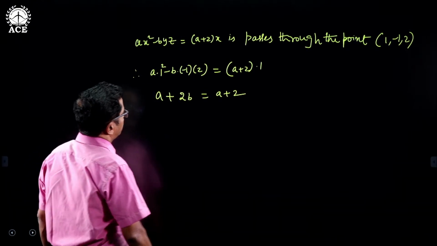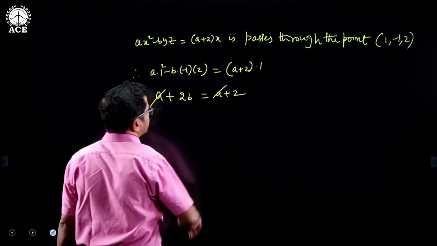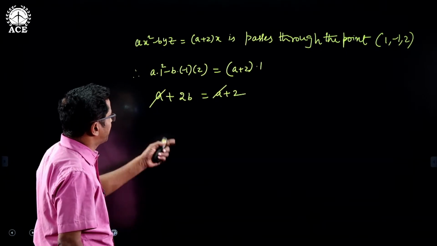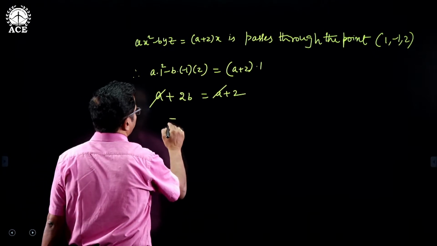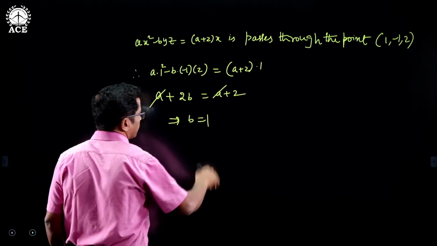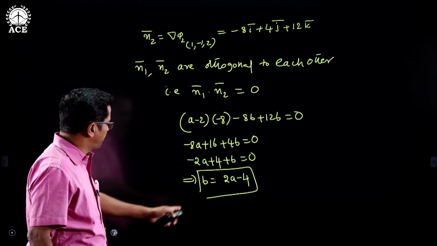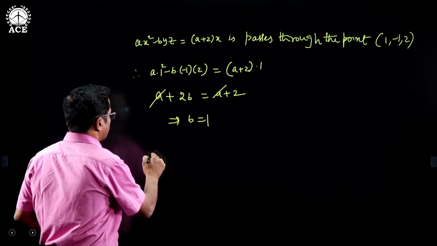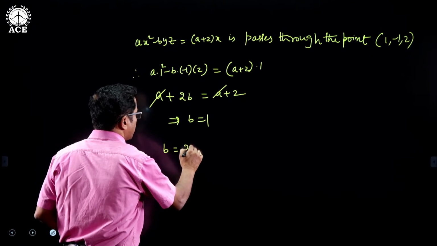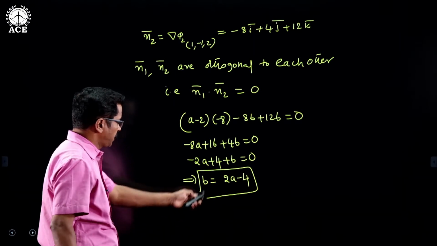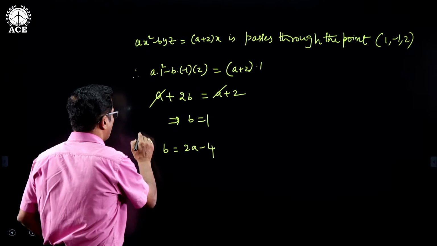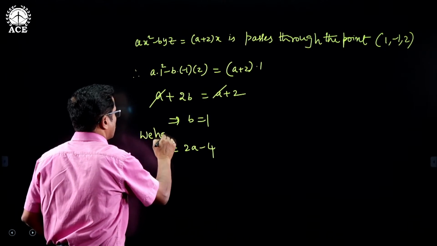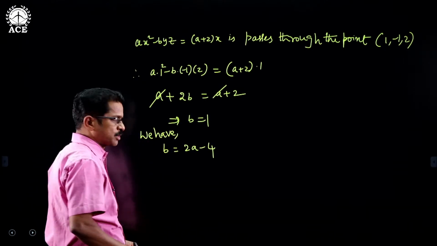Okay, here on either side the a term will get cancelled, then from this b is going to be 1. So here b is equal to 1, na? So when b is equal to 1, then b equals 2a minus 4.